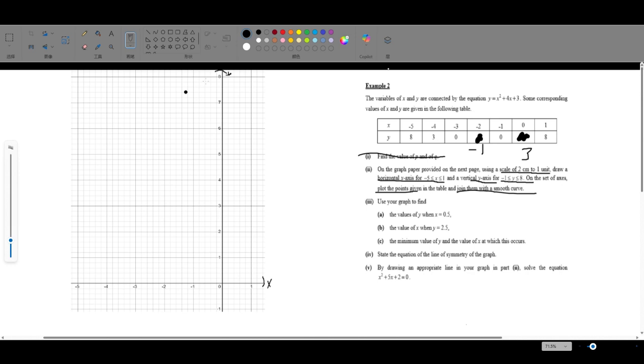So basically, your scale is just: your x-axis will be 2 cm represent 1 unit, and your y-axis will be 2 cm represent 1 unit also.